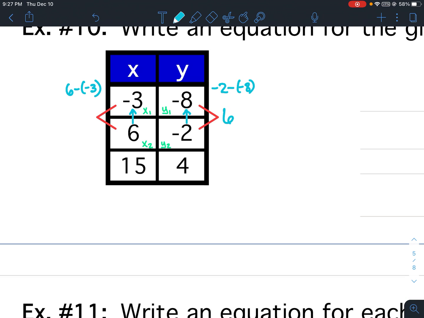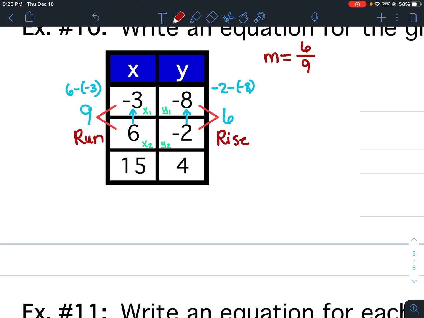Then 6 minus -3 would become 6 plus 3, which would be 9. This is our rise. This is our run. So the slope would be the rise of 6 over a run of 9.